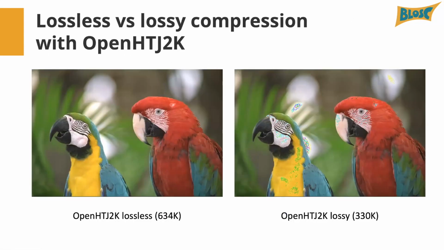So here there is an example of this new codec. It supports both lossless and lossy. And here is a difference between, on the left, a lossless image, and on the right, a lossy compression image, where we can see that different artifacts are appearing due to lossy compression.